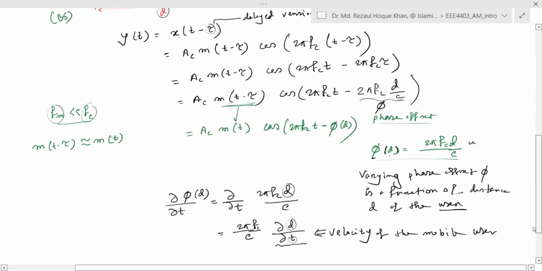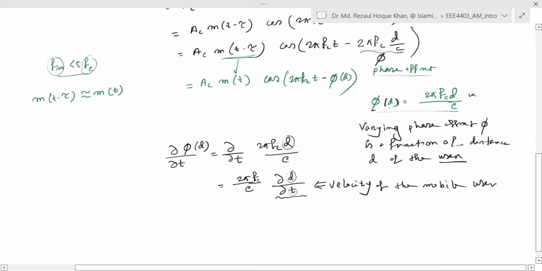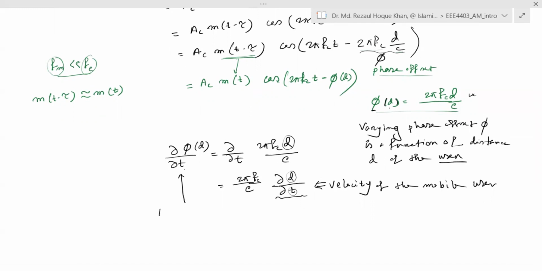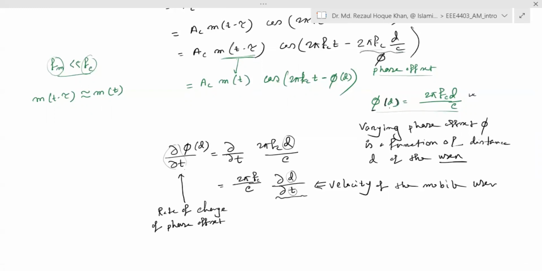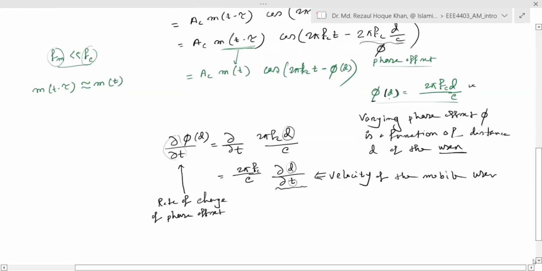And what is this value? This is nothing but the rate of change of the phase offset, isn't it? Because it's d by dt, it's the rate of change of the phase offset phi.